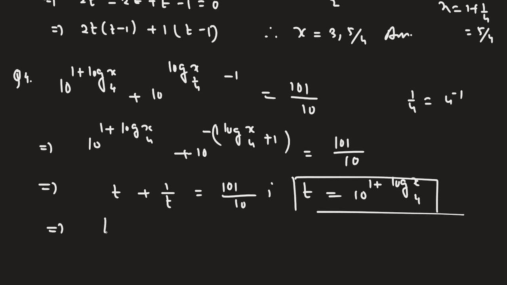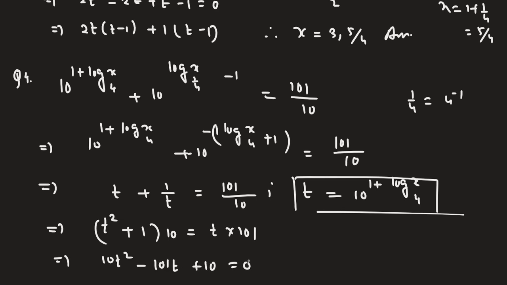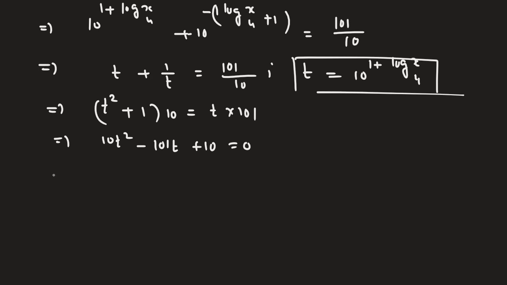So what we have here actually t square plus 1, then 10 times of this, t times of 101. So 10t square minus 101t plus 10 is equal to 0. 10 into 10 is 100, from 100 we want to bring 101, 10t square minus 100t minus t plus 10, which is equal to 0.